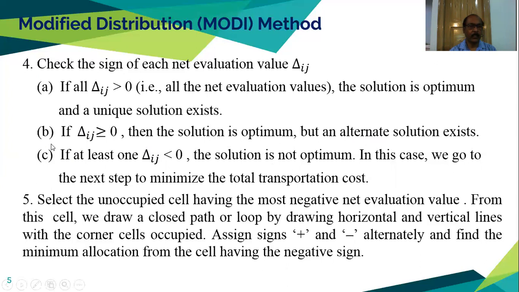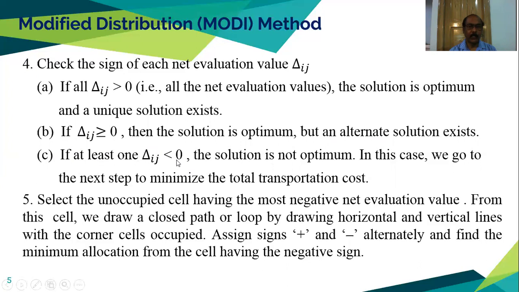And when at least one delta is less than 0, then we have to improve the solution to find the optimum solution. If more than one delta is less than 0, then we have to find the most negative delta and start the allocation from that.